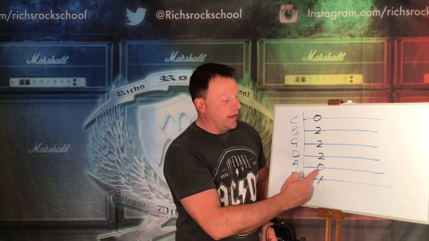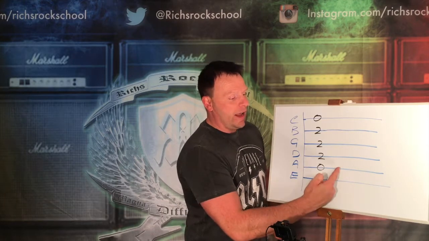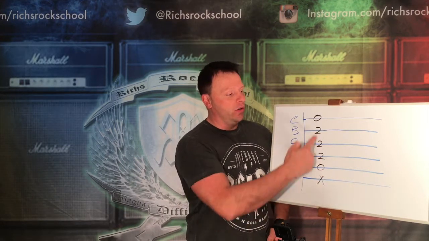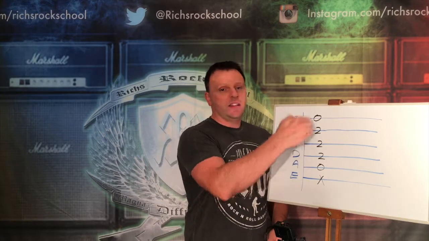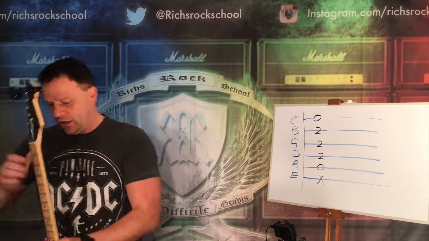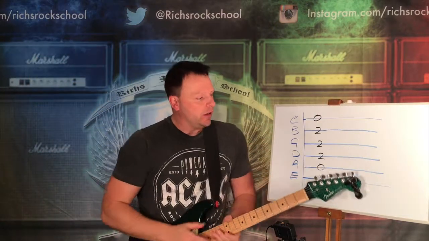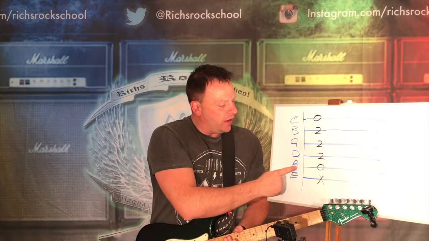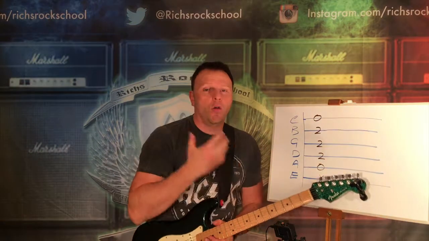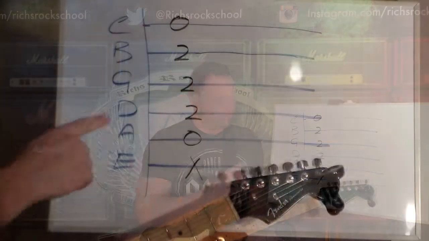Literally, all this means now is instead of playing one string and then moving on to the next note, you're playing all of these at the same time because they are stacked one on top of the other. So this is the A major chord. Again, if you get lost or if you get overwhelmed by it, oh there's loads of numbers there now, just take it one at a time.